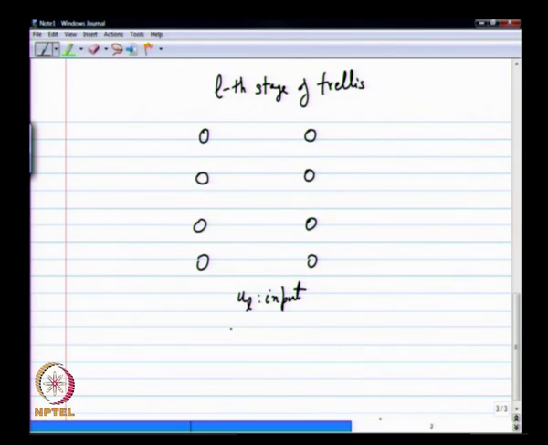The output corresponding to the Lth stage is known to the decoder, R1 L, R2 L. These are the received values corresponding to that Lth stage.